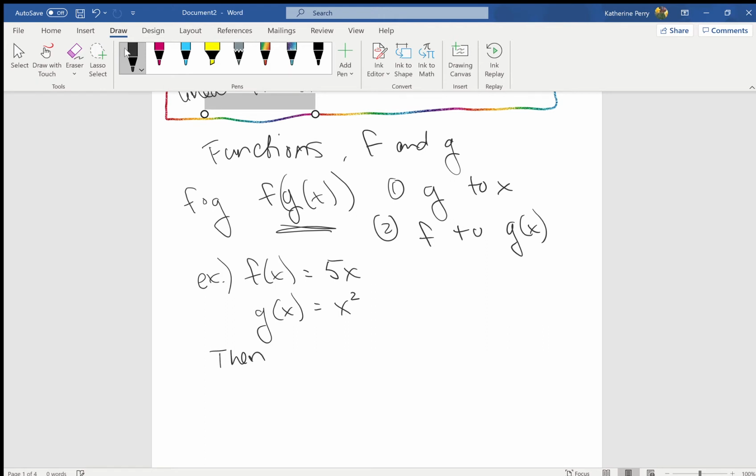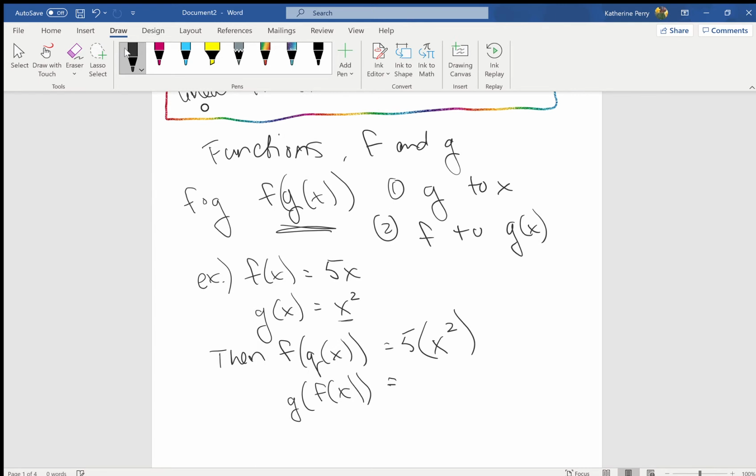Then f of g of x would be, first I would perform g of x, so I would have x squared, and then I would multiply it by 5. And similarly, I could also do something like g of f of x. The order does matter. The composition can just be defined for both.